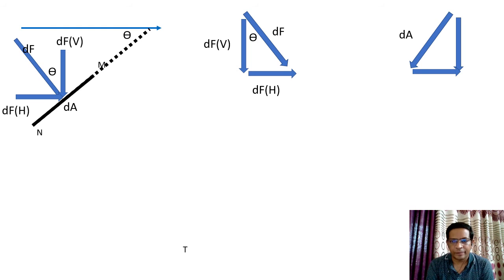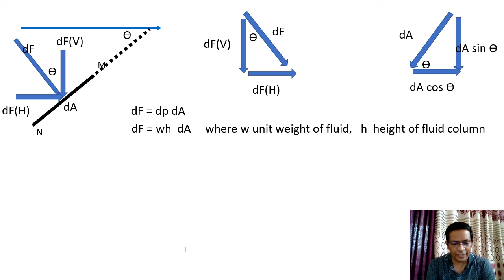For area dA, dA sin theta represents the projection of area dA in a vertical plane, and dA cos theta represents the projection of area dA in a horizontal plane. Total pressure force equals pressure into area.